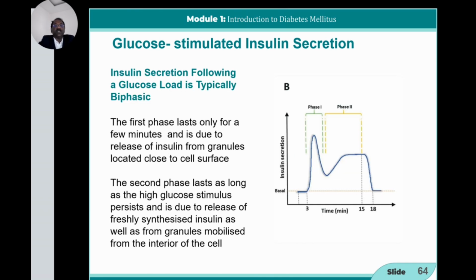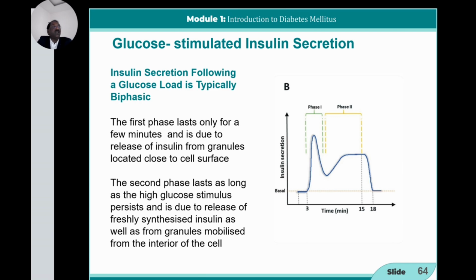See the glucose stimulated insulin secretion. You have two phases, phase 1 and phase 2. In phase 1, whatever insulin is formed will be released immediately. So that will be more. In the second phase, there is a slow and sustained insulin release. Suppose you have postprandial hyperglycemia after food.